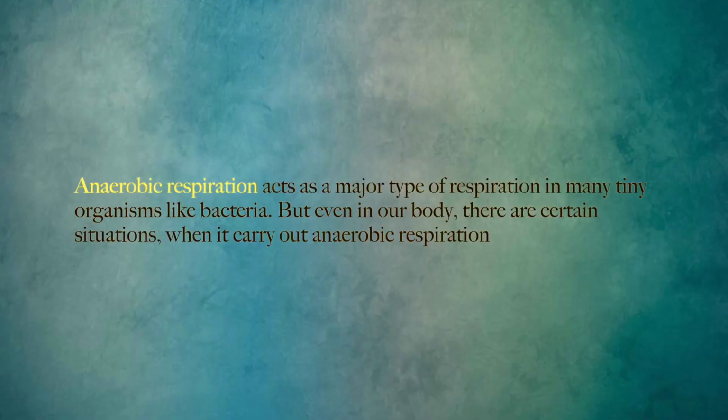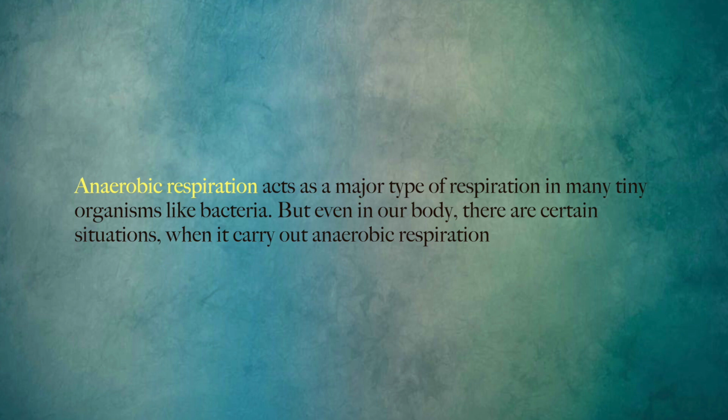Whereas anaerobic respiration, as we can see, is just the opposite of aerobic respiration, which simply means it occurs in the absence of oxygen. So, where does this happen? Why are we talking about it? Because human beings, we use oxygen. So, why are we bothered about anaerobic respiration? Well, the truth is that anaerobic respiration is a major type of respiration in many tiny organisms like bacteria.